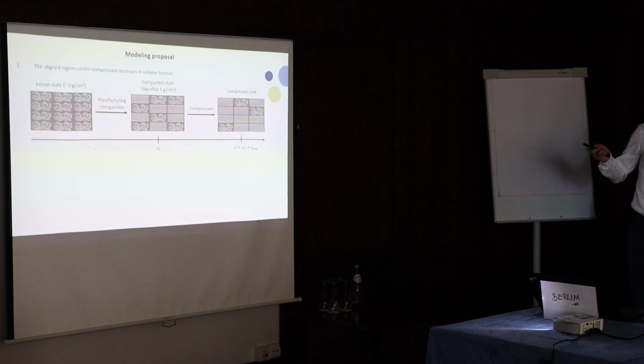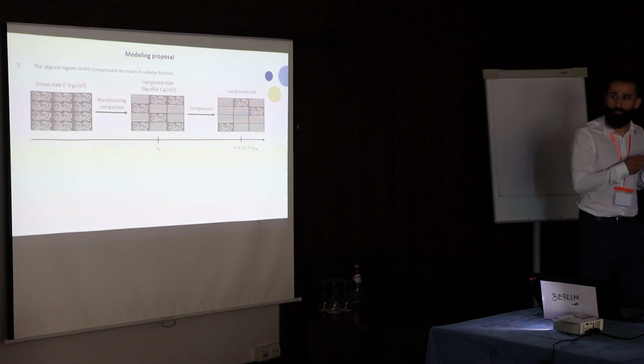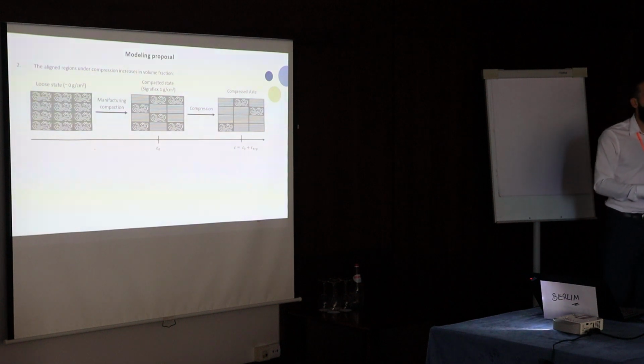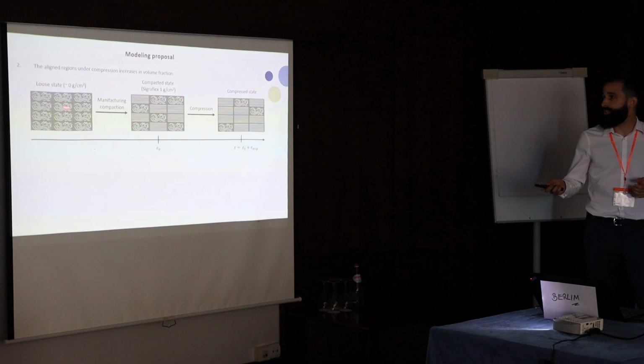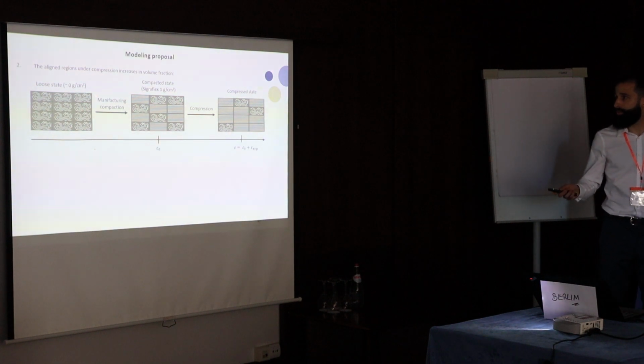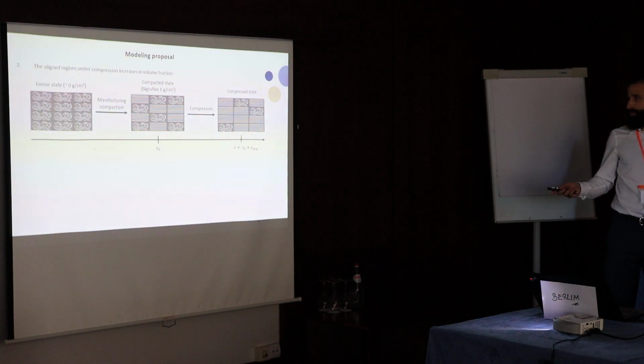Moreover, if we think about the production process, at the beginning we have a bunch of powder which is very loose, so the porosity is very low and the material is very disordered. During the manufacturing compression, the microsheets start to align more and more, and even more during the compression test.